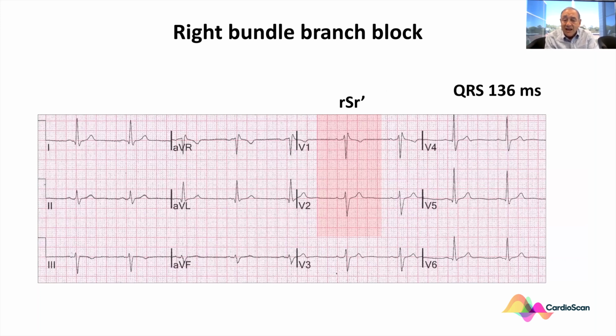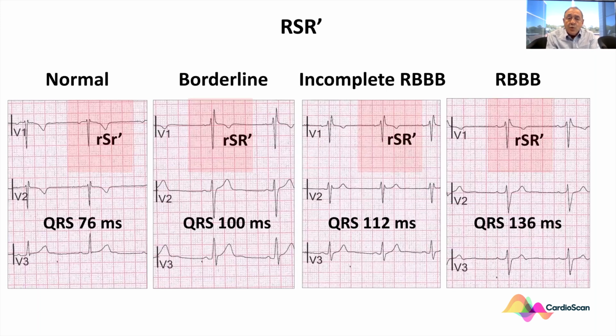branch block range. So when we want to summarize this, normal, you can see, is less than 100 milliseconds, and we've got the first two, 76 and 100 milliseconds, and you can see there are quite dramatic RSR in the borderline one.